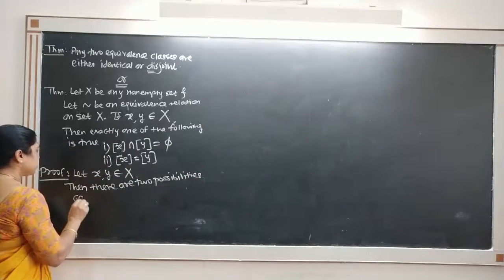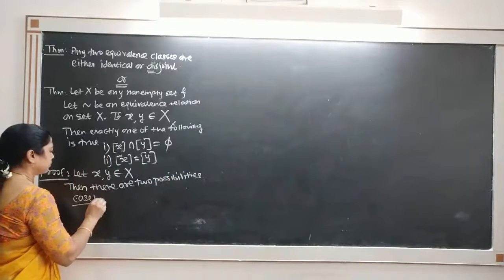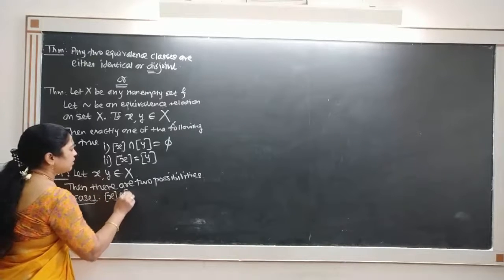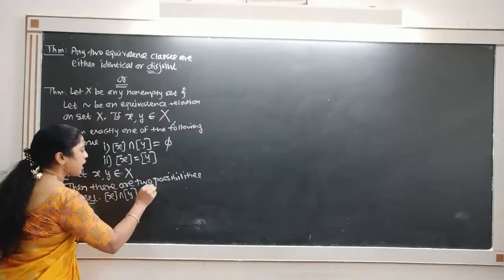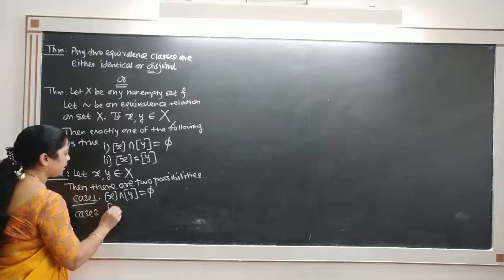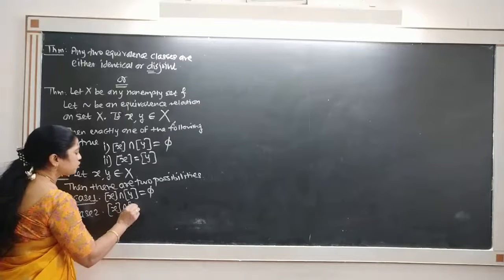The first possibility is the equivalence class of x intersection the equivalence class of y is empty, and the second possibility is it is non-empty.